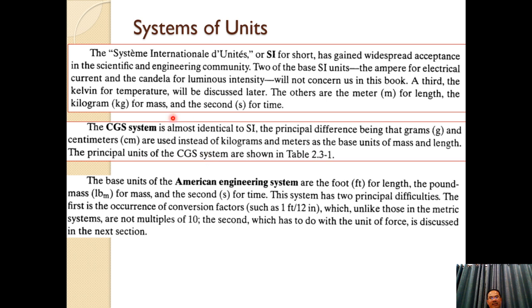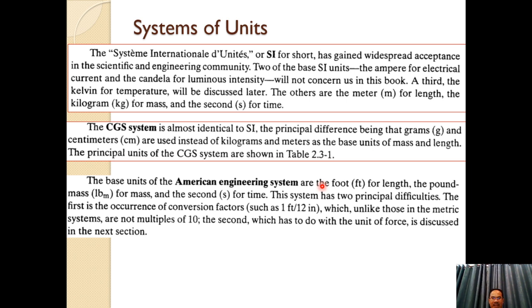This is the system of units that we use in engineering, but the most common ones are SI and the American engineering system. You can find them in textbooks. Some textbooks use the American engineering system, some use SI. Most textbooks written by professors from America use the American engineering unit.